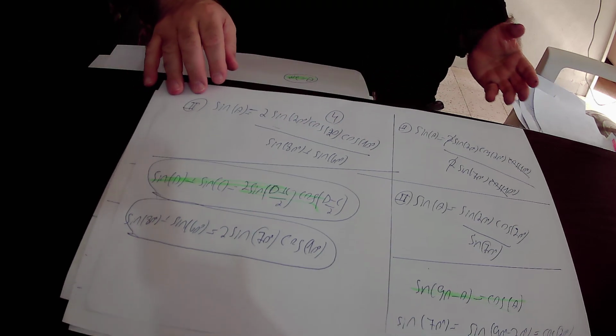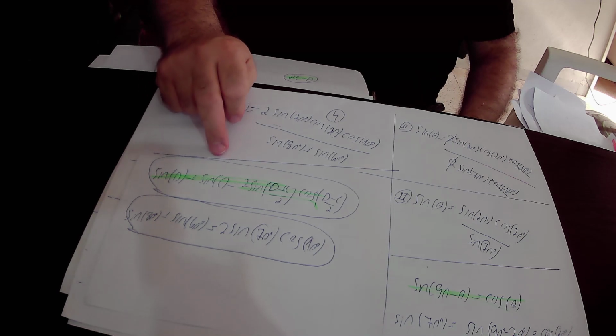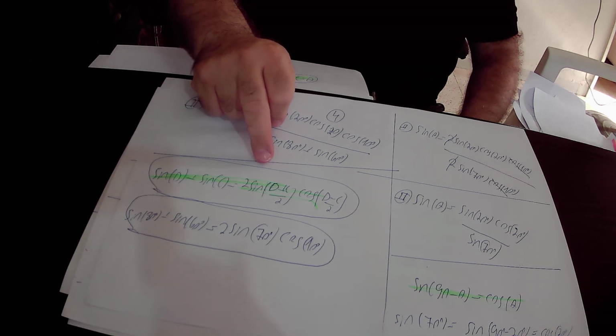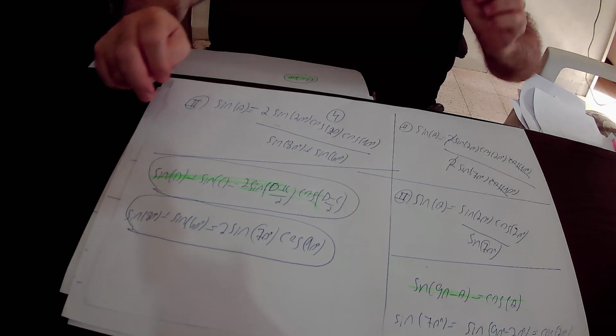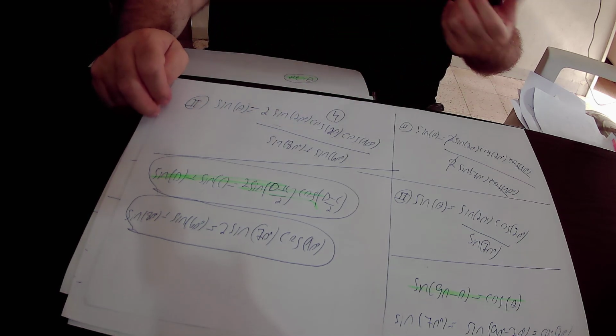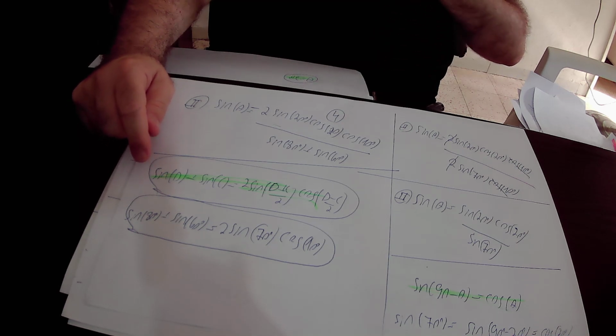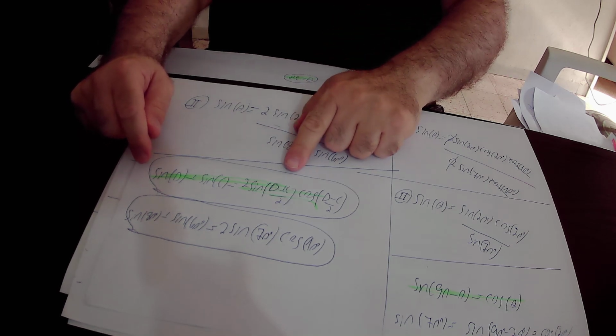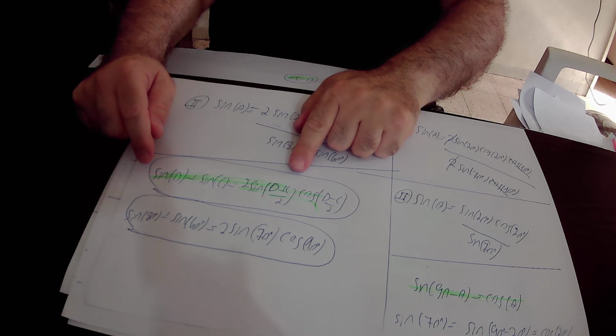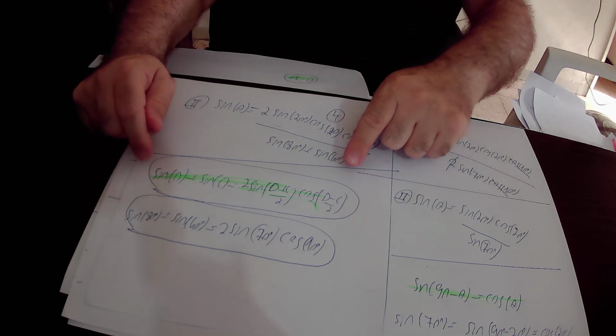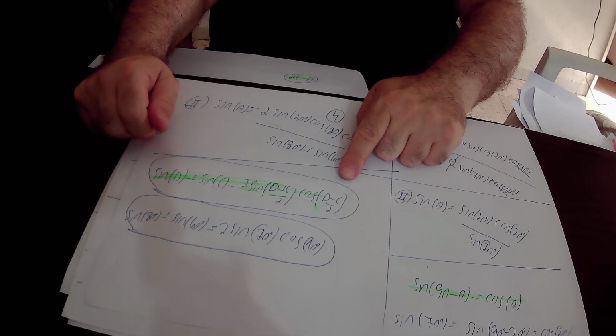We have the trigonometric identity that sin d plus sin c equals 2 sin of ((d plus c) over 2) times cos of ((d minus c) over 2). According to this identity, sin 80 degrees plus sin 60 degrees equals 2 times sin of ((80 plus 60) over 2). So d is 80, c is 60. 80 plus 60 is 140, and 140 over 2 is 70 degrees, times cos of ((d minus c) over 2). 80 minus 60 is 20, and 20 over 2 is 10.